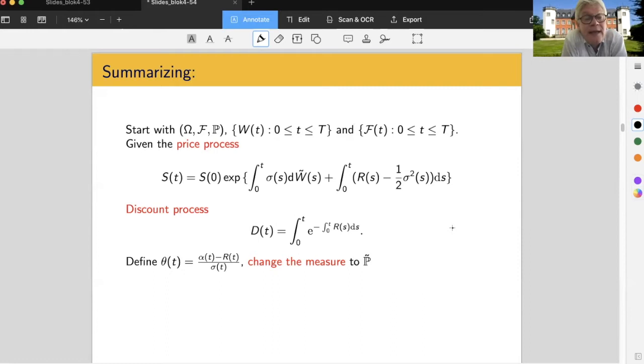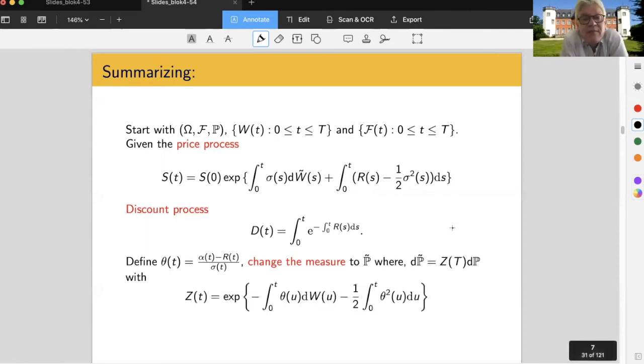And again, alpha, the growth rate of the stock, was considered to be bigger than r, because we would expect that an investment in the stock is only worthwhile when the payoff is larger than putting money on a bank account, larger than just receiving interest rates.